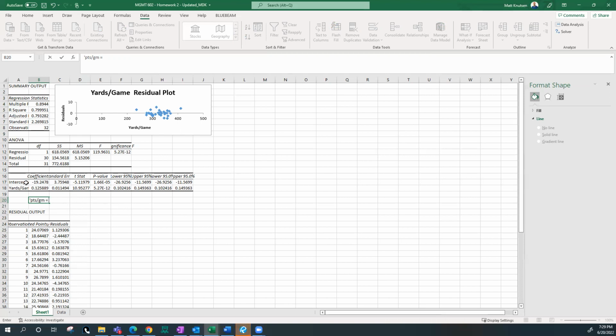I noticed, by the way, he did his formulas kind of backwards from what I'm used to. So I did it as yards per game times your coefficient for yards per game, which is 0.126, and then minus your intercept, 19.248.